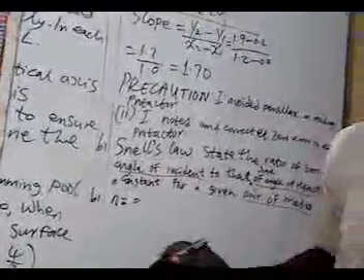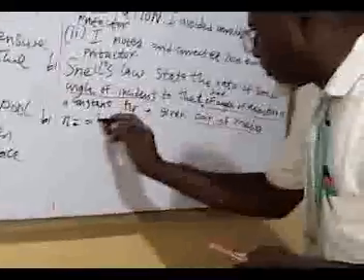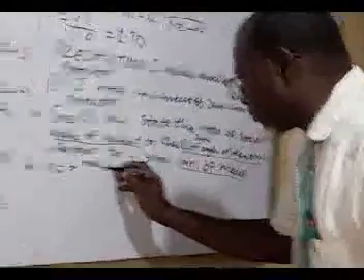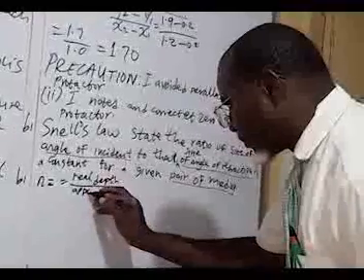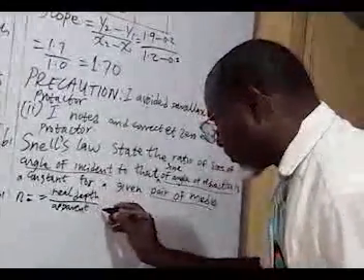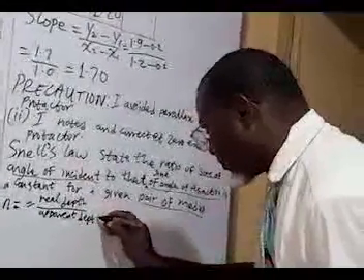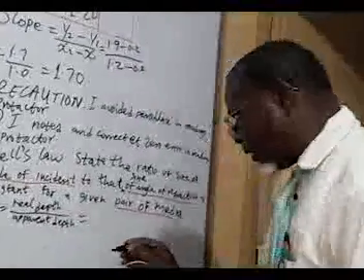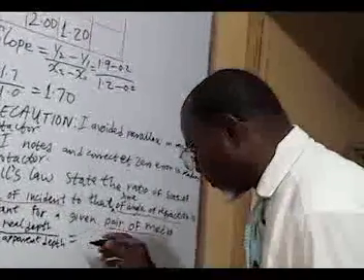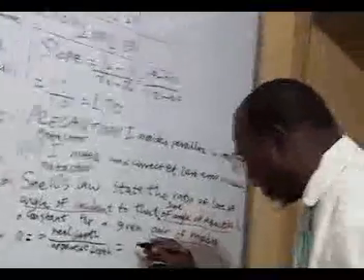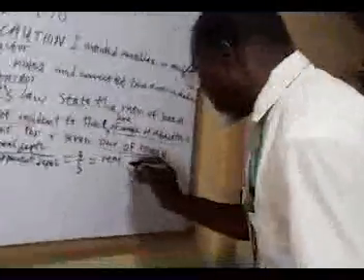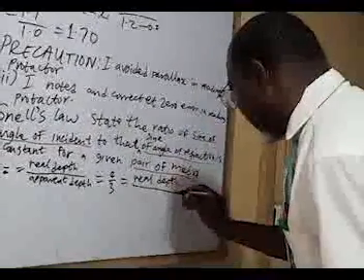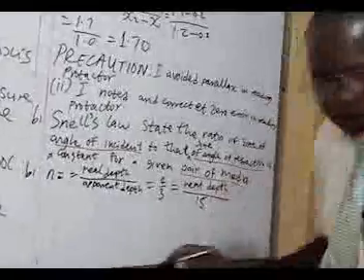Formula is real depth over apparent depth. Our refractive index is 4/3. Apparent depth is 15 meter.